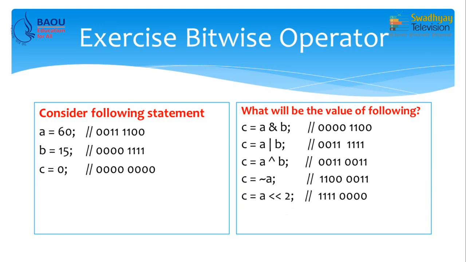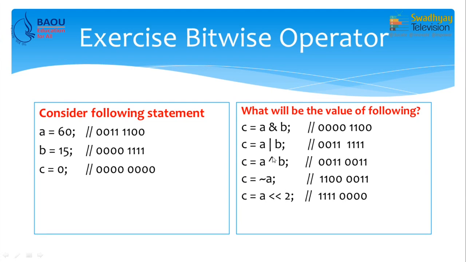Now, suppose we want to shift the bits of A by 2. This operator will shift 2 bits to the left position in A. We can see the first 0 0 are discarded and the 1s will be shifted 2 positions to the left side.